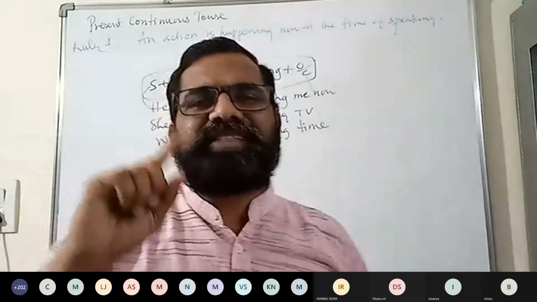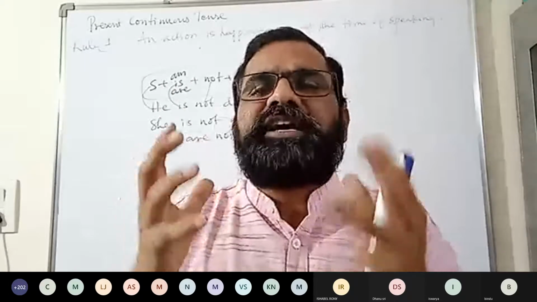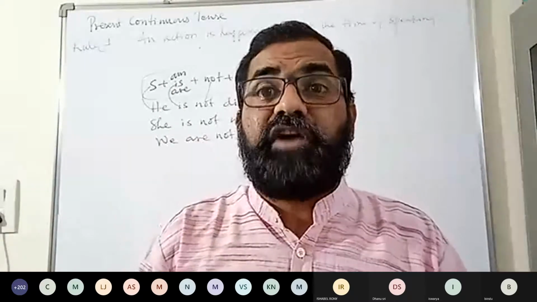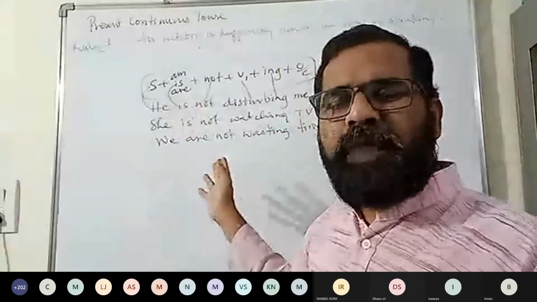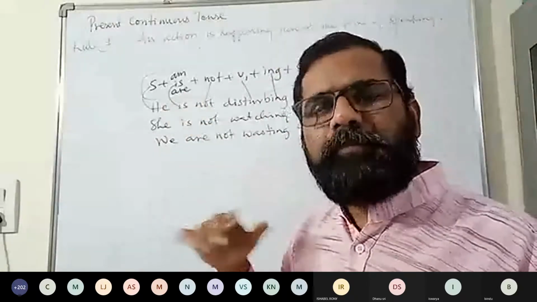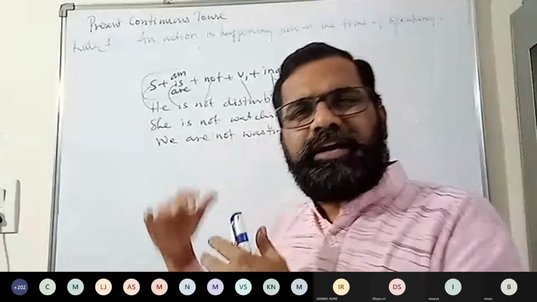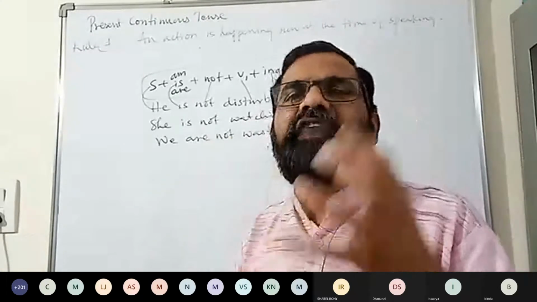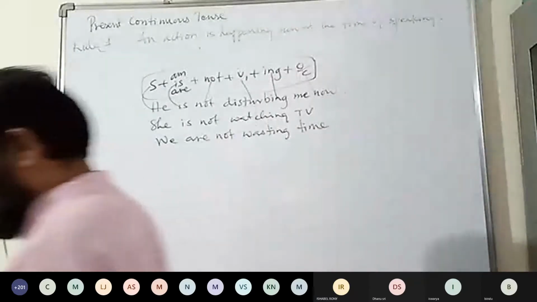For I, it is am. For singular subject, it is is. For plural subject, it is are, the helping verbs. So look at the structure and the examples and follow the same when you write your examples. So please take down the structure, examples, and write a few sentences on your own.